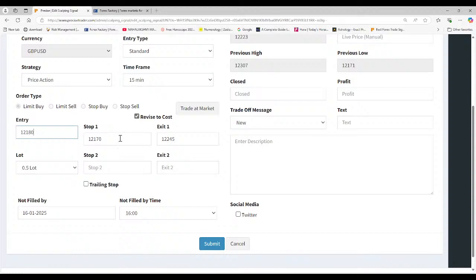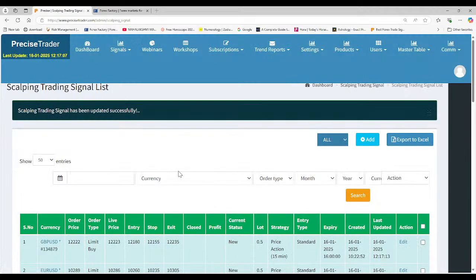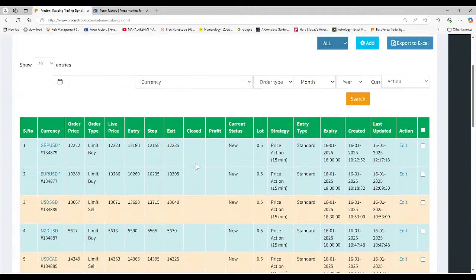Okay, never mind, I think this one will be given further time. So we'll give 1 to 180, stop 1 to 155, 1 to 235. And this one we will give until 4 o'clock. That means the data is coming at 3, so we will give one more hour in extension.